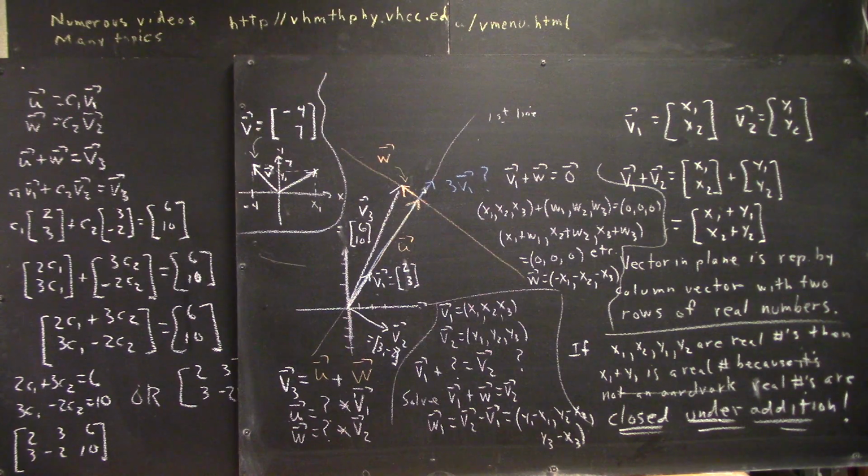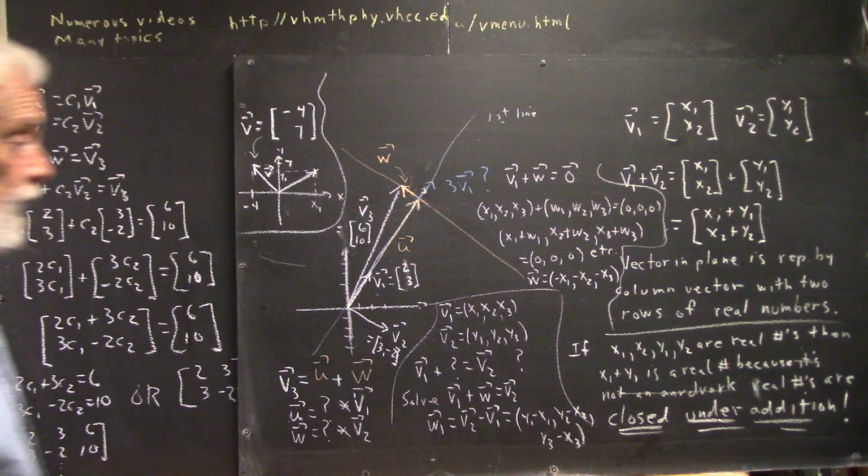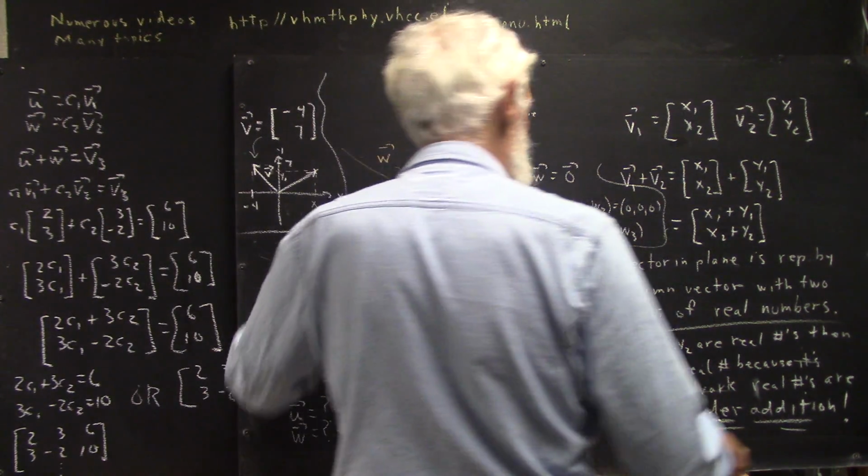We've got two simultaneous equations in the variables C1 and C2, the unknowns C1 and C2. We can write an augmented matrix, reduce it, and when we get down to the end, if it reduces where we have the identity on the left, then we can just read off our solution. C1 equals whatever, C2 equals whatever. Alternatively, we can write this as a matrix equation.